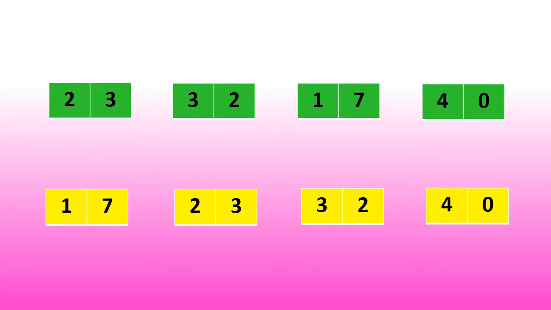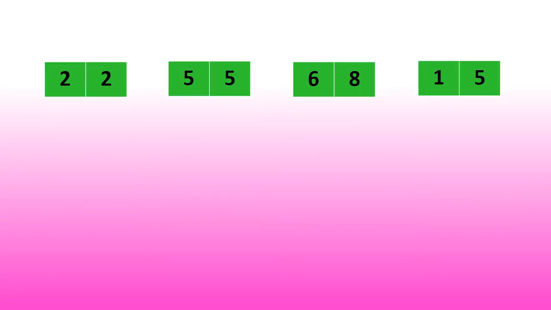Now, let's take a look at another example. Now, let's take a look at these numbers. Let's read them together. 22, 55, 68 and 15. Now, let's compare the digits at the tens place to find the smallest number. So, let's see.